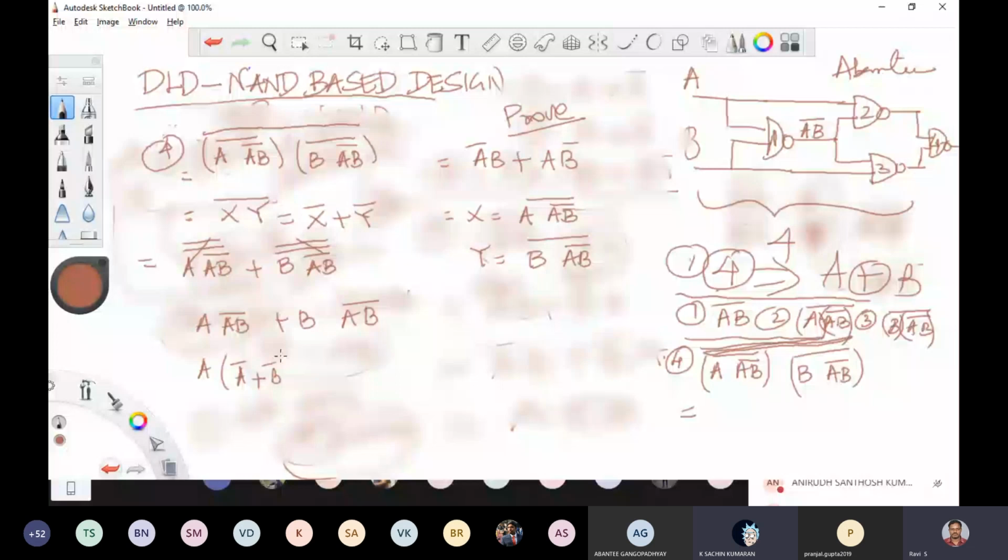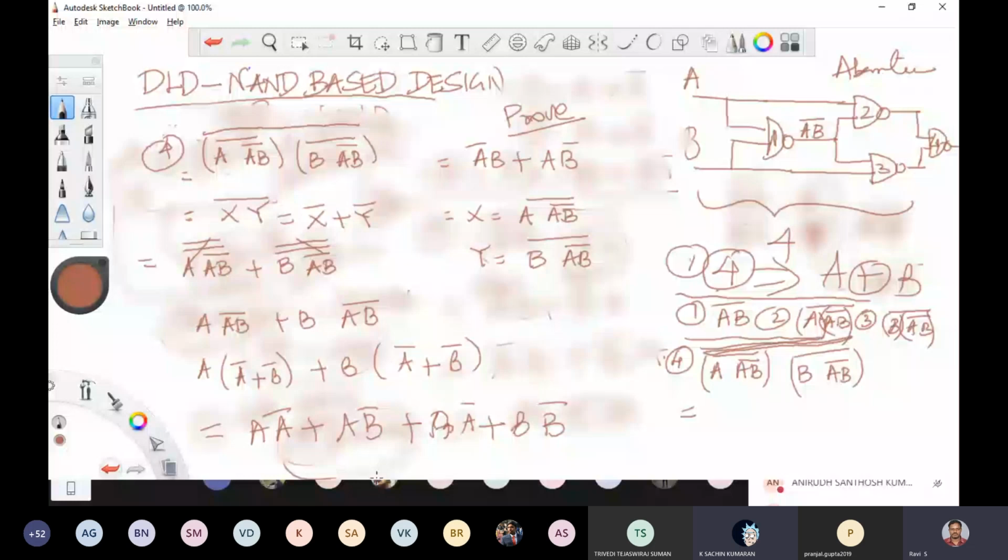So now if you multiply this, you'll get A bar plus A B bar plus B A bar plus B bar. So now A A bar is equal to 0. The reason is if you assume A is equal to 0, A bar is equal to 1, and 0 into 1 is equal to 0.